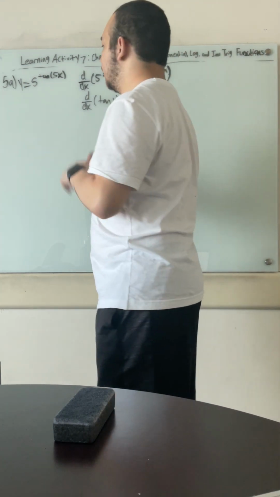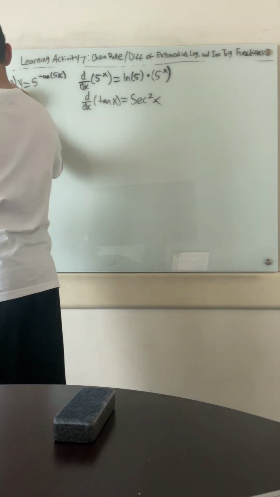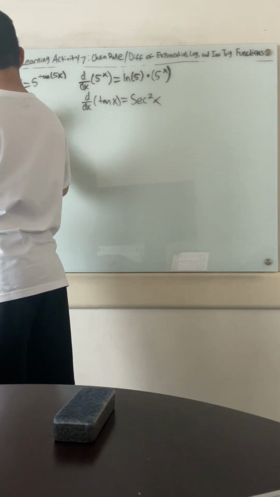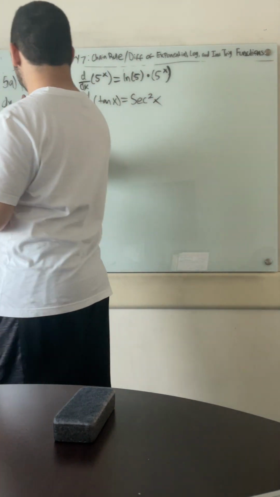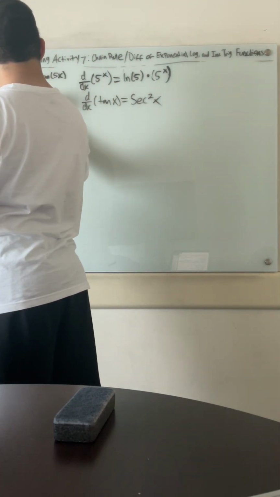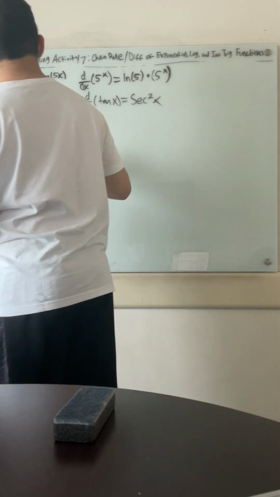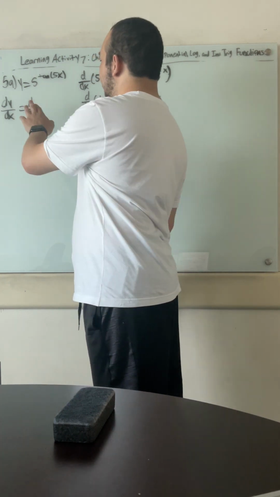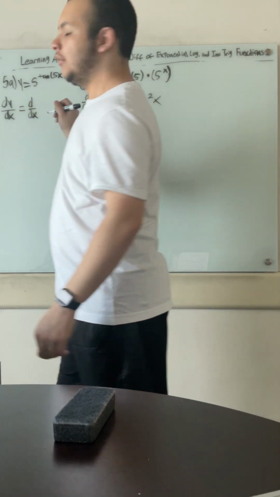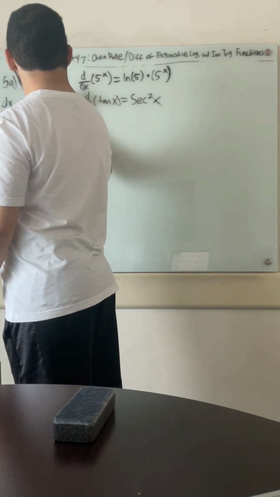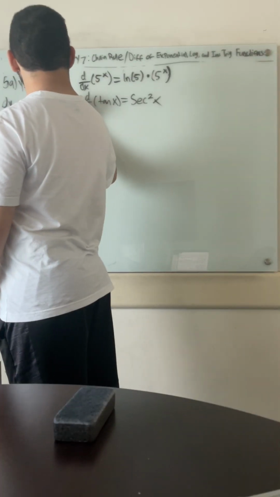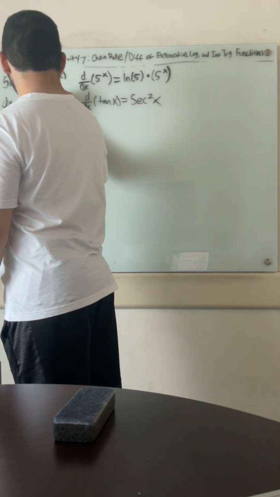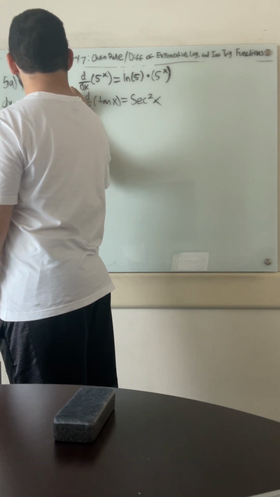Okay. So step 1, we have dy/dx is equal to the derivative. This is basically like the previous questions that we did. Our y in this case is going to be equal to 5 to the tangent of 5x.